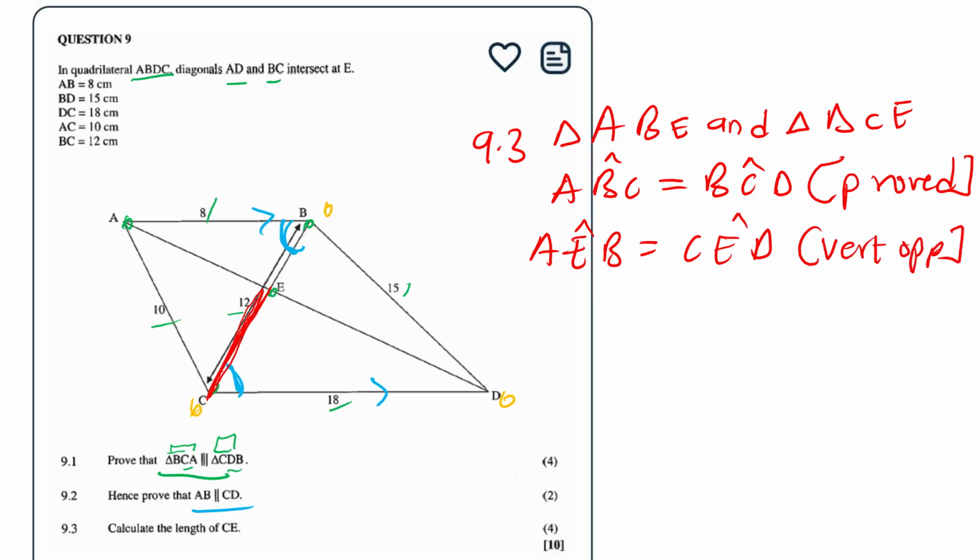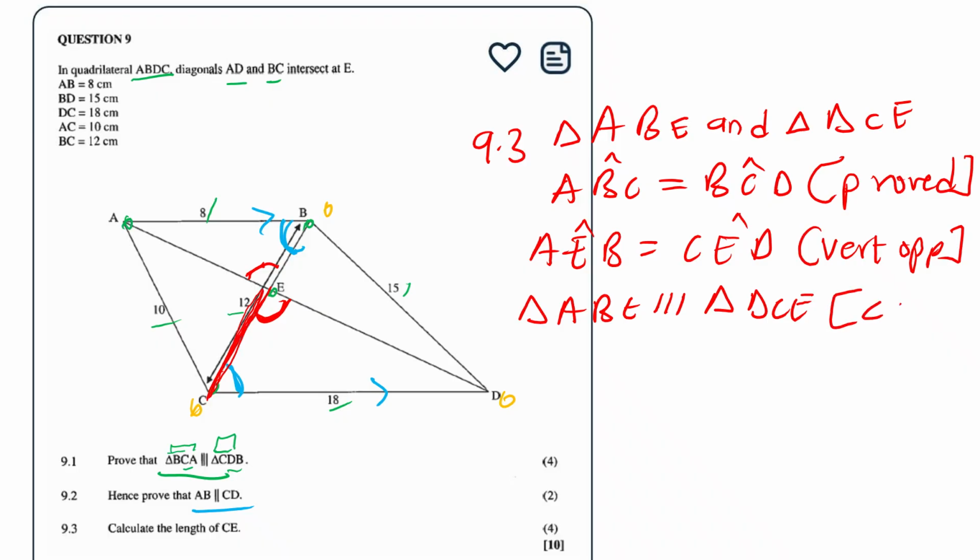So then our AEB, that's the angle in red, it is equal to CED. This is equal to CED because of the what? Because of the vertical opposite angle. Therefore now we can say triangle ABE, it is similar to triangle DCE.